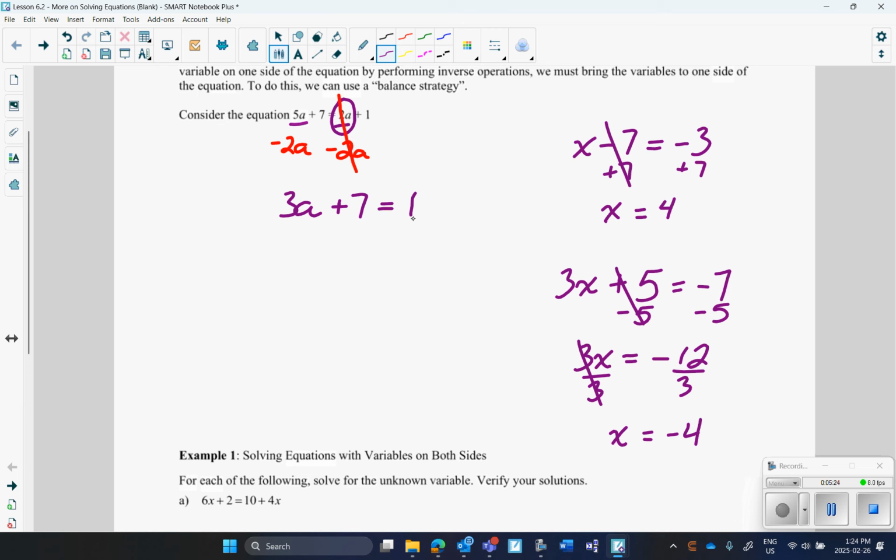Okay? What's your next step? Subtract 7 from both sides. What does it look like? What's your last step to get a by itself? And therefore a is equal to -2.